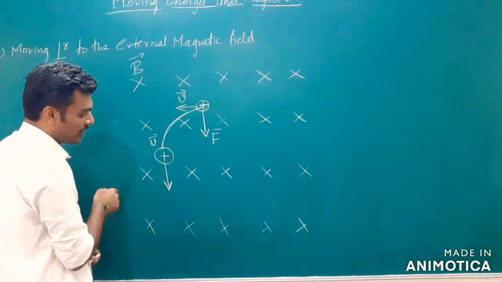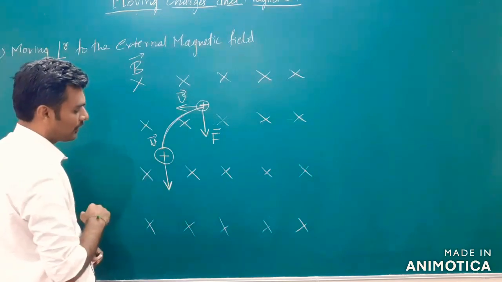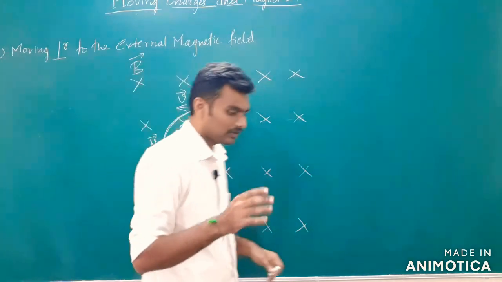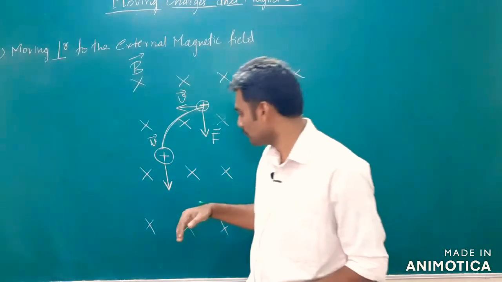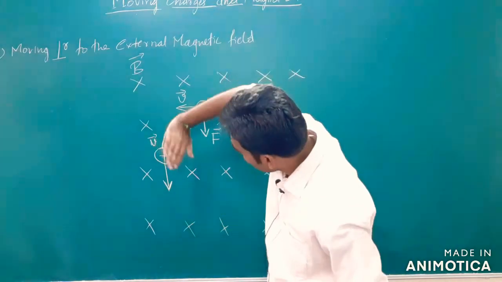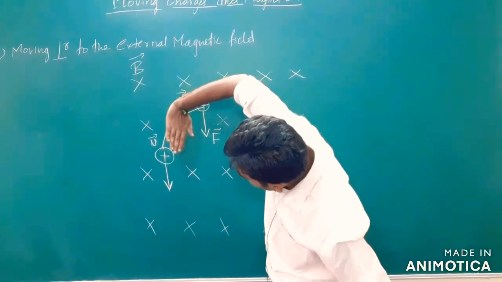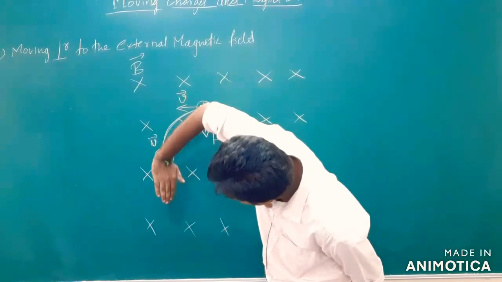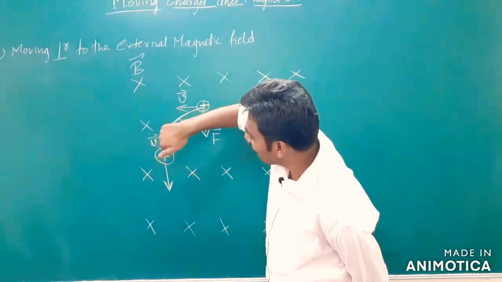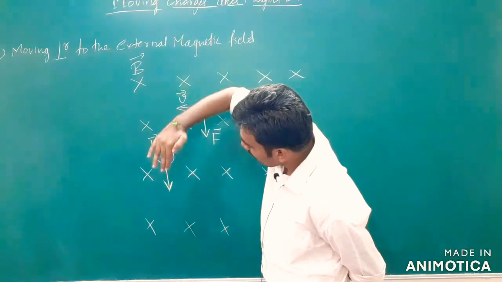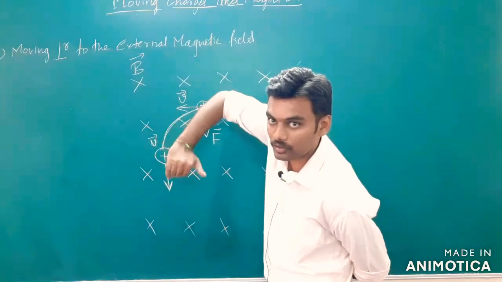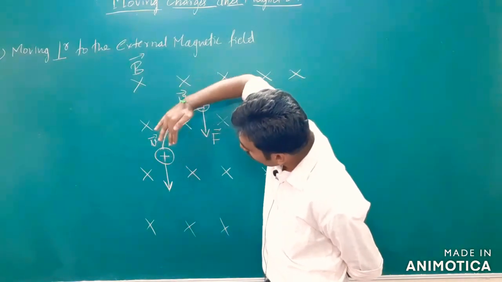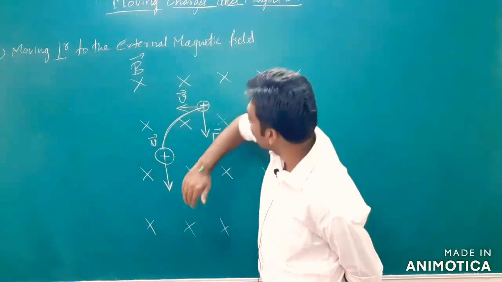And in this particular situation, what is the direction of force acting on it? Right hand thumb rule. Observe carefully, it's always v cross b. B is into the board, v cross b. It's always like this.